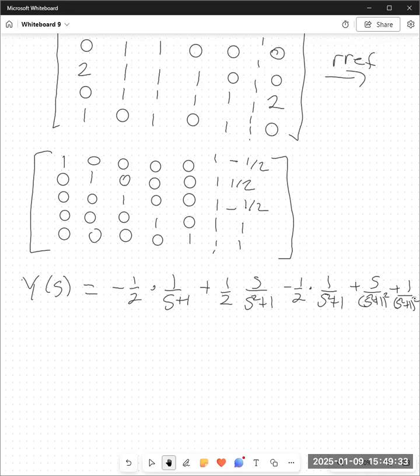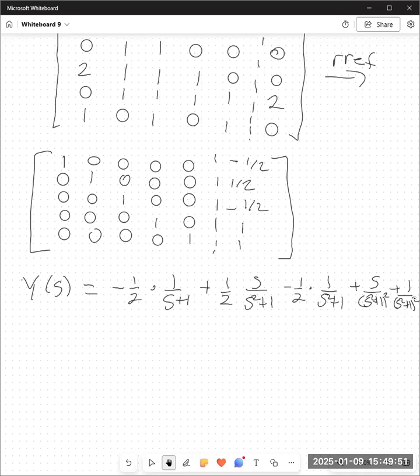Now we're going to need to do a little bit of algebra before we can do inverse Laplace transforms on this, specifically to get one of my terms for my t cosine of t.